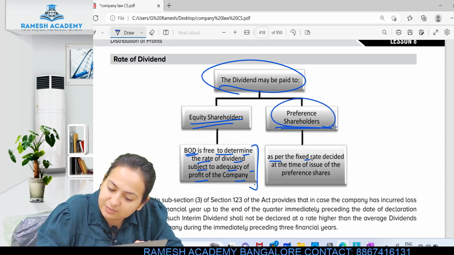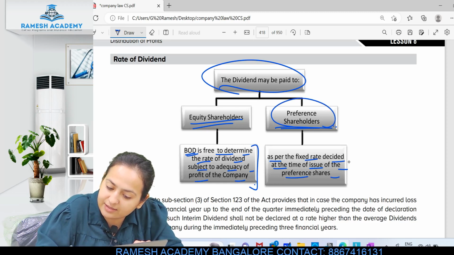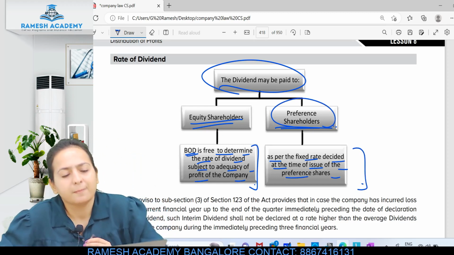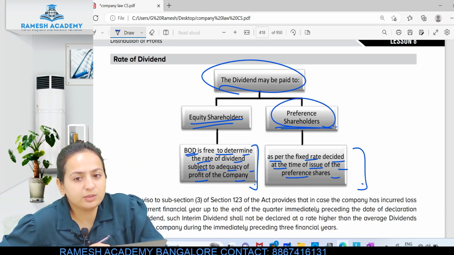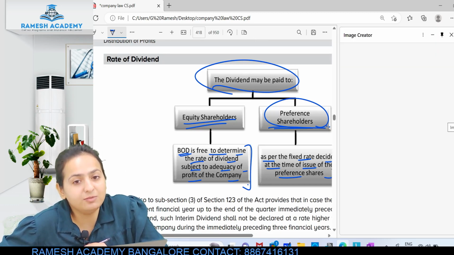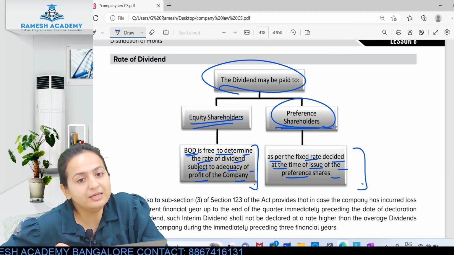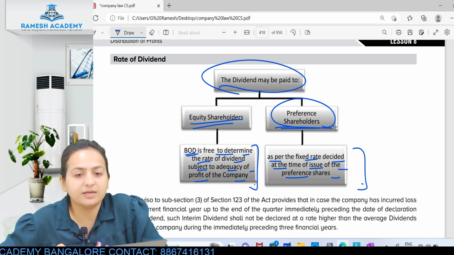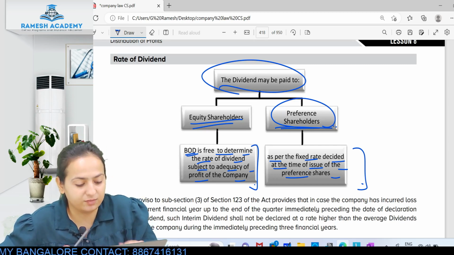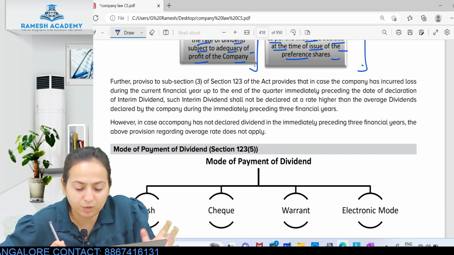For preference shares, the rate is fixed at the time of the issue of the preference shares. But in case of the equity shareholders, the board of directors is free to determine the rate of the dividend subject to the profits.